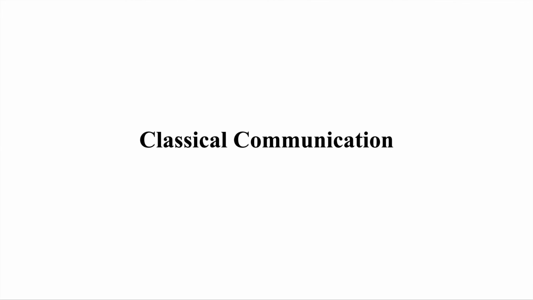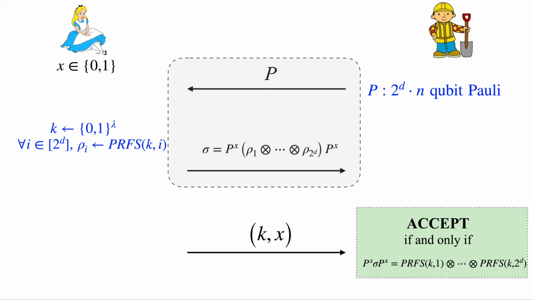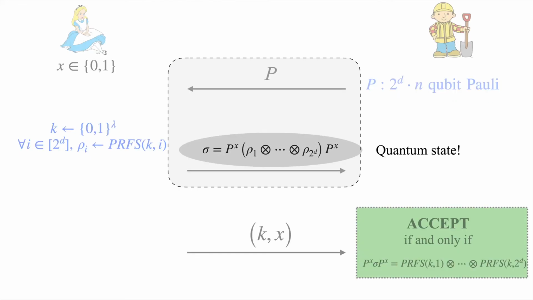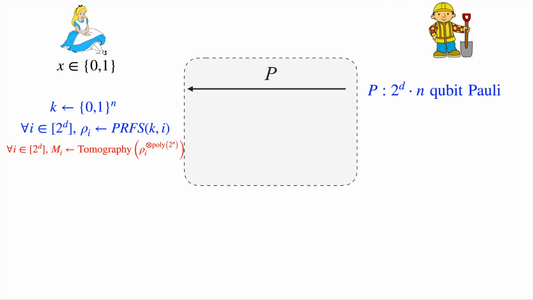Okay, so how do we make this protocol have classical communication? Note that the only place where the communication needs to be quantum is when Alice sends all the PRFS states to Bob. So how do we make this classical? The idea is to use state tomography. Alice is going to run a tomography procedure on 2^n copies of the PRFS state to get a classical description of the state.